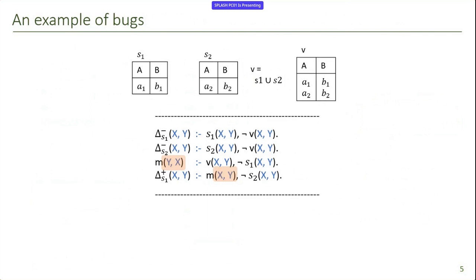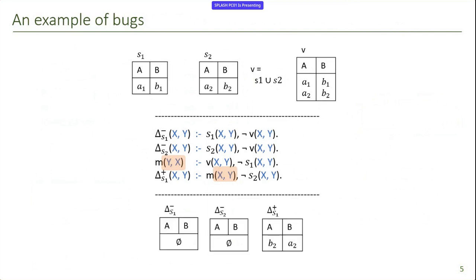For example, here I have one more intermediate relation M. After computing M, I compute the insertion to the source table S1 from that intermediate relation M. This datalog program is an update translation. It takes as input the two source tables and a view to compute the update, in other words, the delta tables of the source.